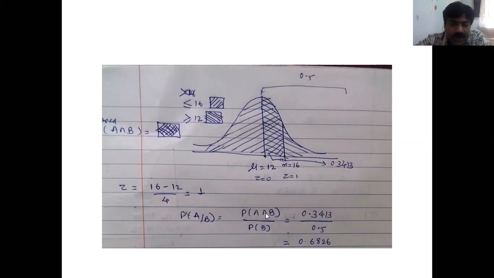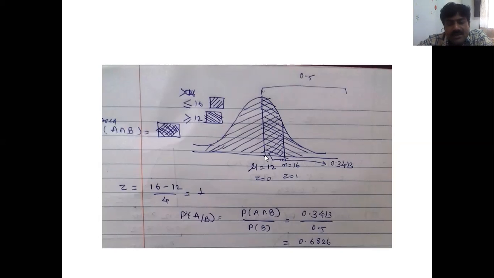So that is the probability of A intersection B divided by probability of B. Now the probability of B. For us B is x greater than or equal to 12. So the whole portion to the right side from the center, mu equal to 12, to plus infinity.